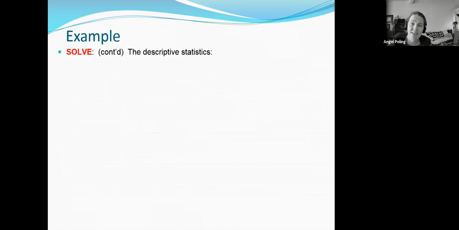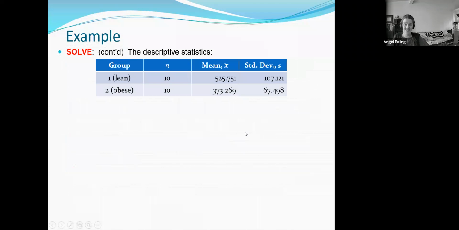So the solve part continued. The descriptive statistics are such that there are 10 lean people with a mean of 525.751 and standard deviation 107.121.